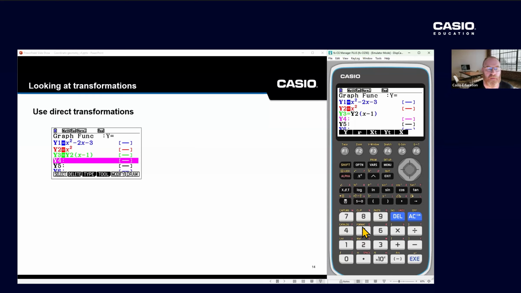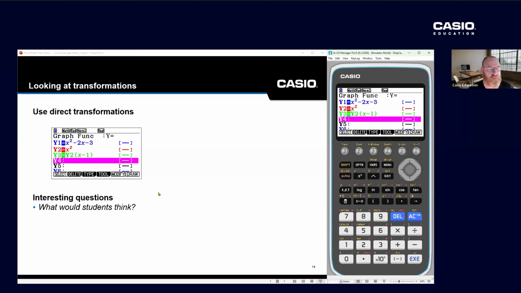Okay, so that is not y2 multiplied by x subtract 1. That is y2 of x subtract 1. That's why it's worth thinking of the functions y1, y2, y3 in terms of, say, f of x, g of x, h of x, and so on. Okay. So now I'm going to do y2 of x subtract 1.